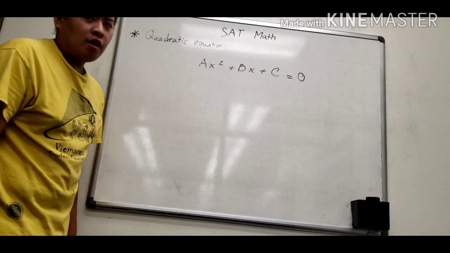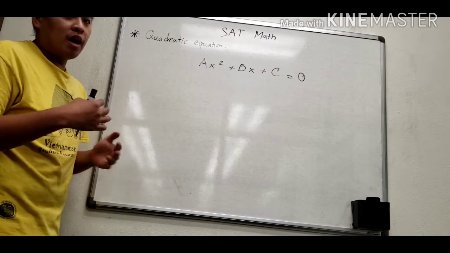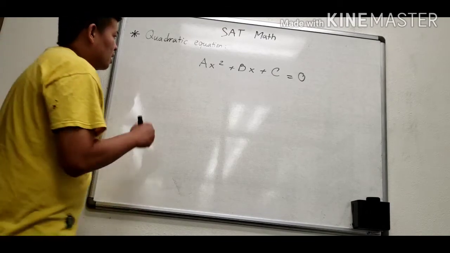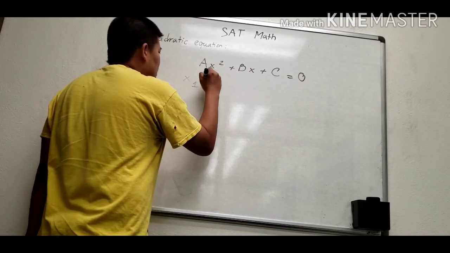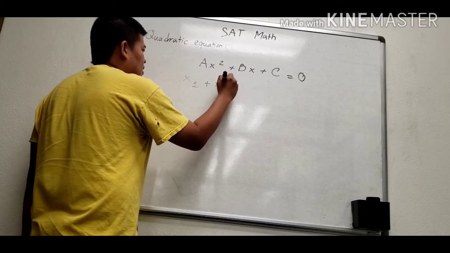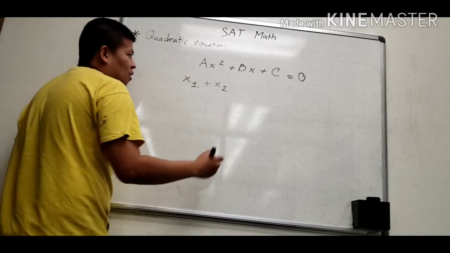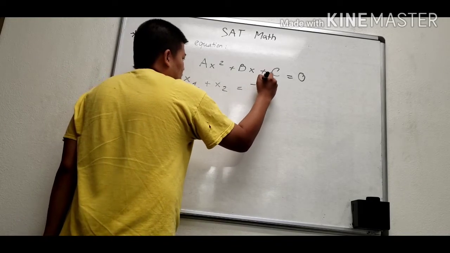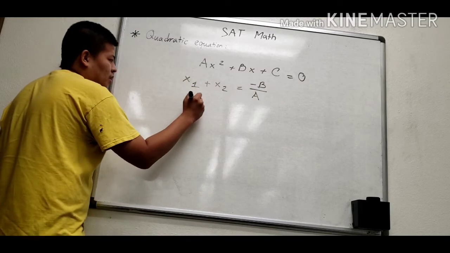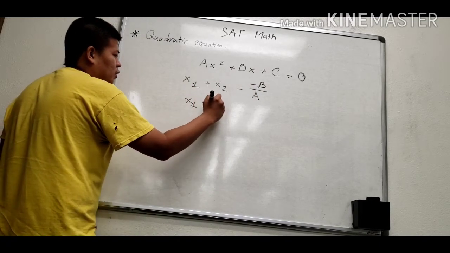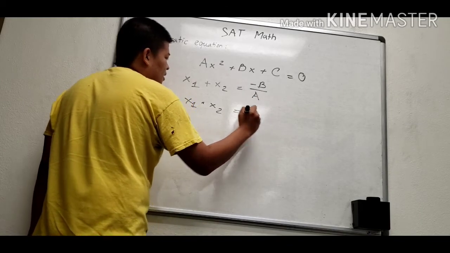Next, I will talk about the sum of two solutions or the product of two solutions. Here we have the formula: x1 plus x2 becomes minus b divided by a. x1 multiplied by x2 becomes c divided by a.